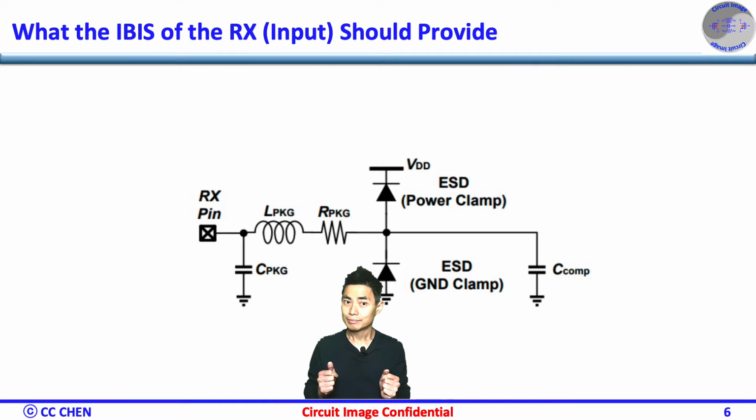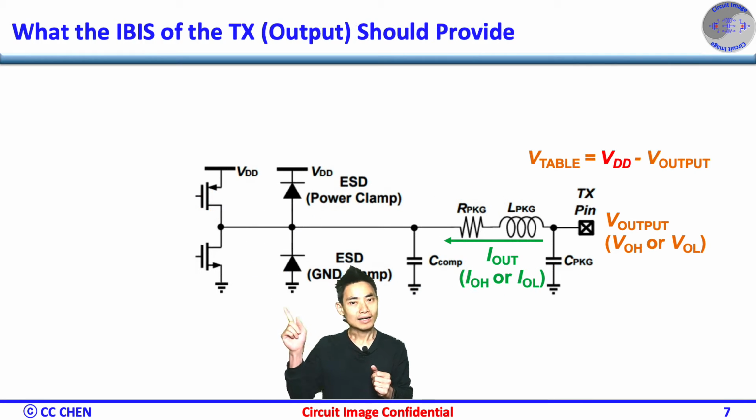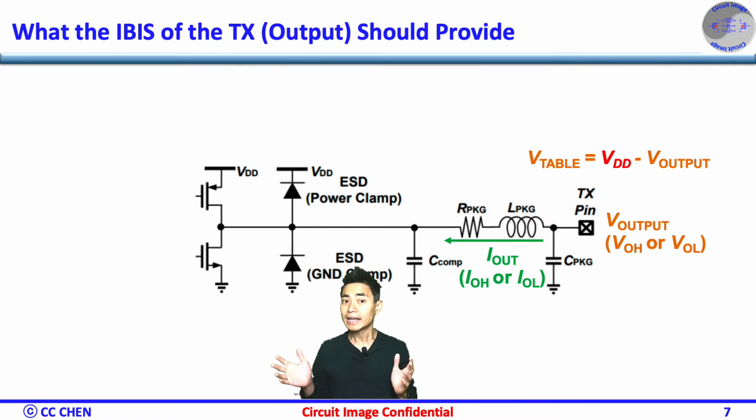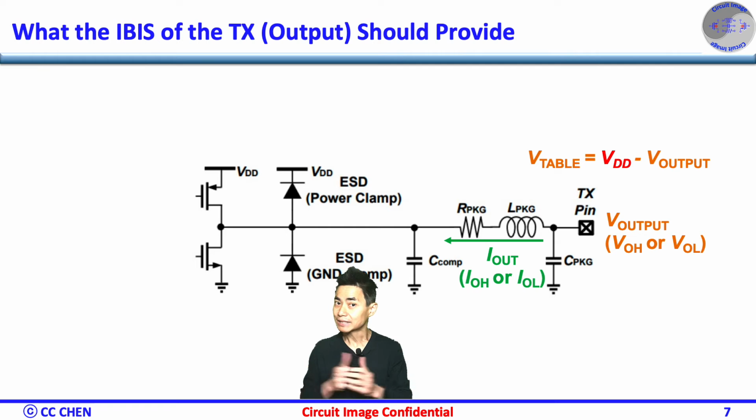Then, let's go through the more complicated TX output buffer. Unlike the RX input of the previous IBIS model, which is constantly on, the TX output buffer should dynamically turn the current on and off. Therefore, the current of the pull-up and pull-down structures and any other dynamic switching structure should be defined by parameters like VOH, IOH, VOL, IOL, and the ramp dV/dt over rising and falling waveforms, respectively.